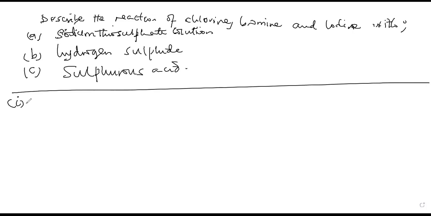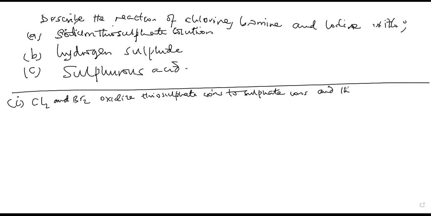Now, the two, chlorine and bromine, will oxidize thiosulfate ions to sulfate ions, and they are reduced to chloride ions and bromide ions respectively.